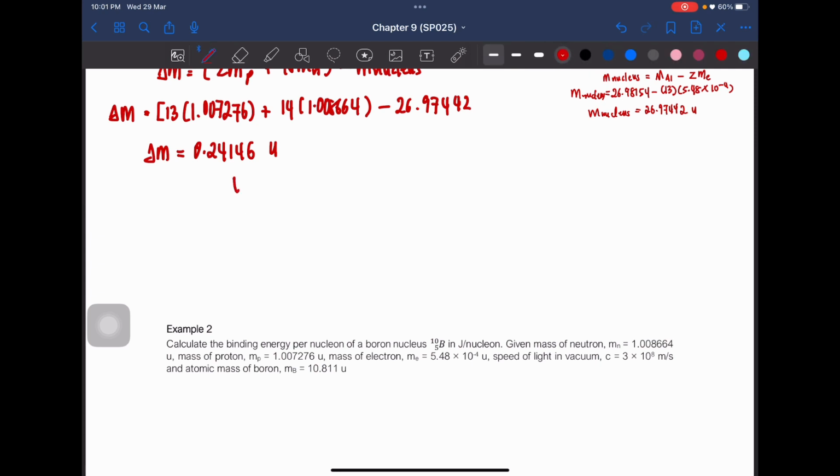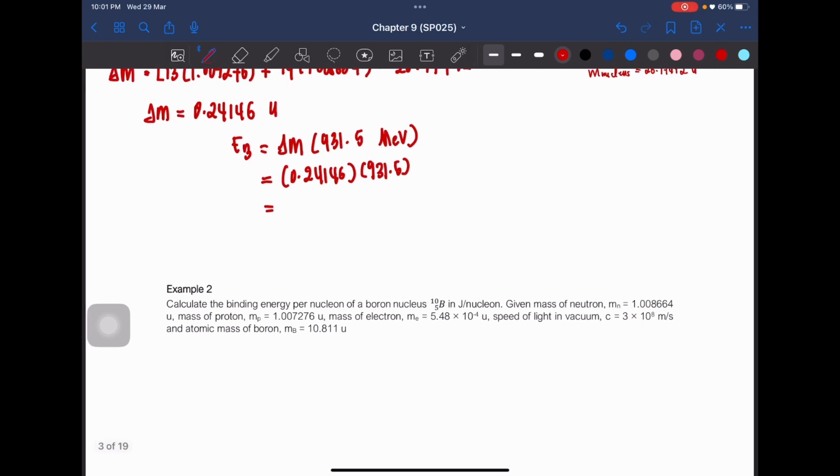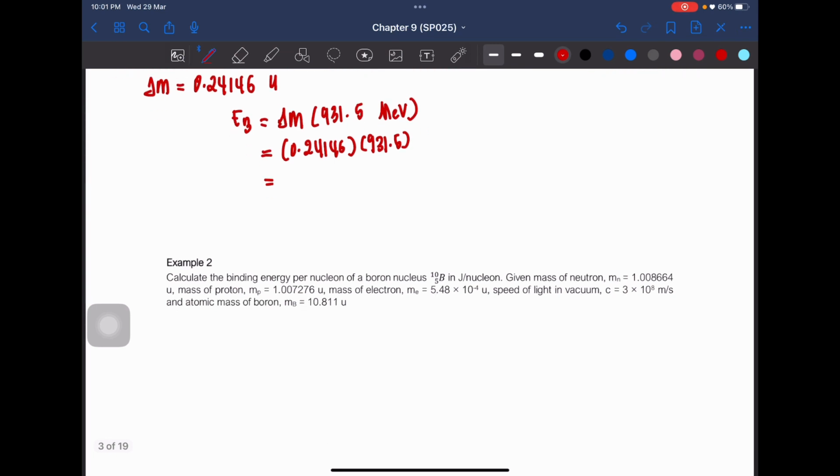Okay, so selepas dapat the value of mass defect, we can then calculate the value of binding energy. So binding energy is equal to delta M times with 931.5. So this will be in mega electron volt lah nanti. So I'm just going to write directly here. So this is 0.24146 times 931.5, which will then equal to 225 mega electron volt.